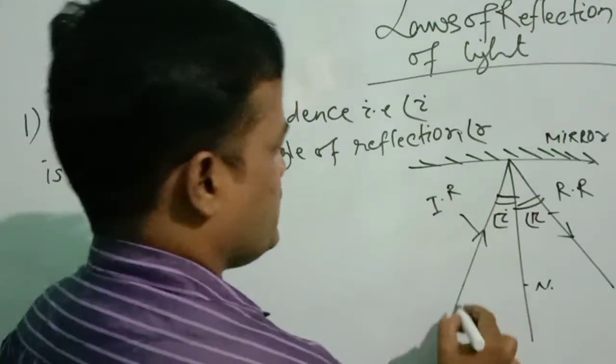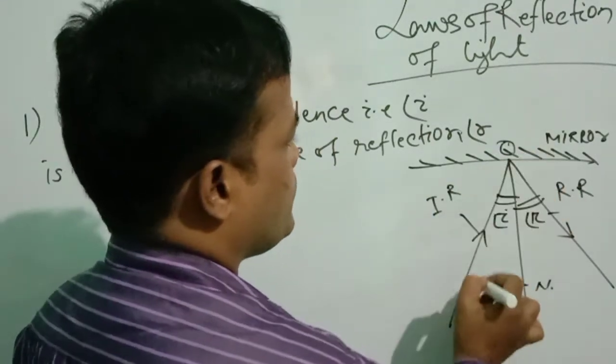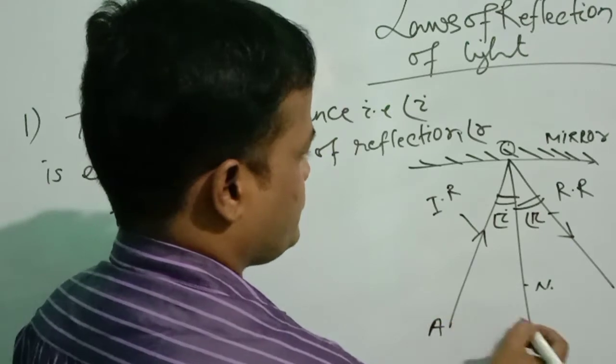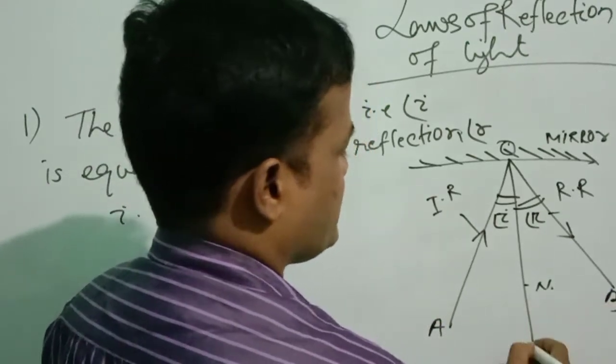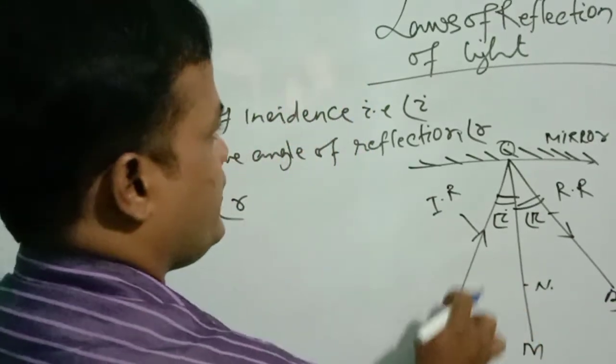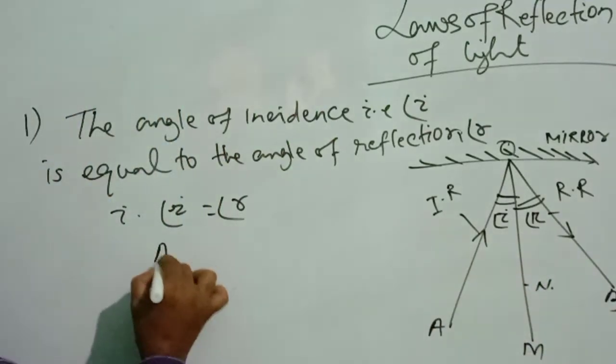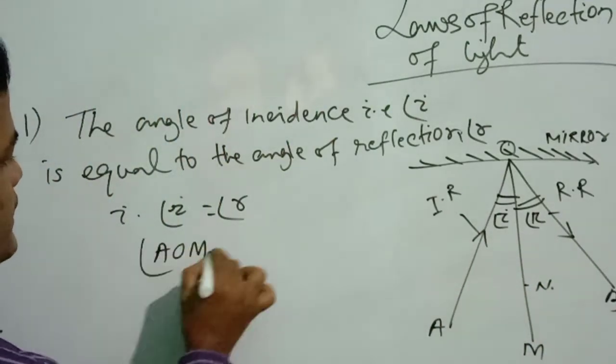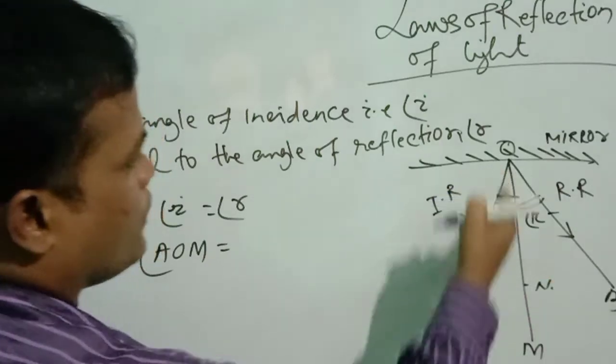If we give the names, this is O, this is A, this is B, this is M. So angle AOM is equal to angle BOM.